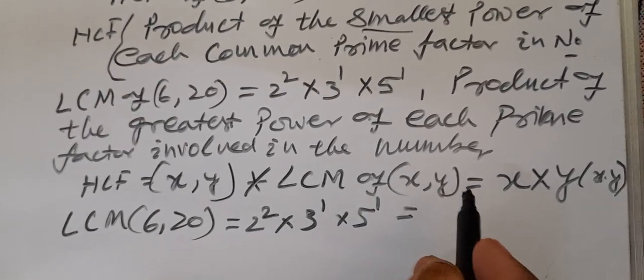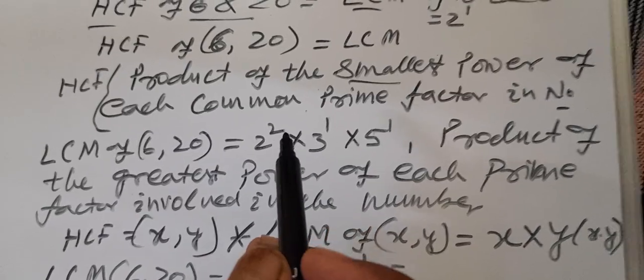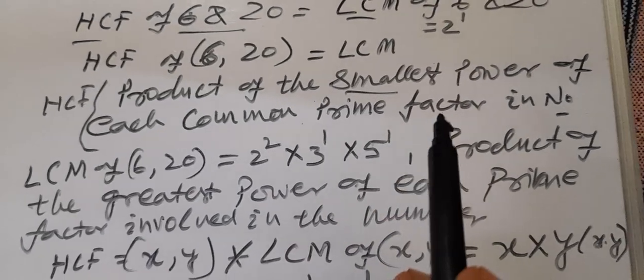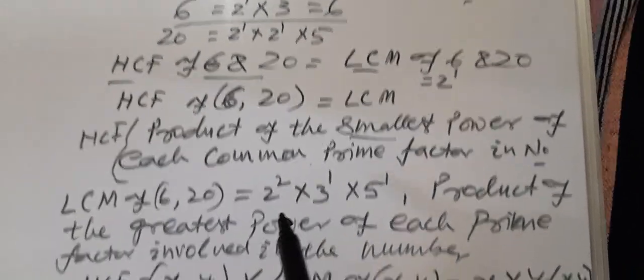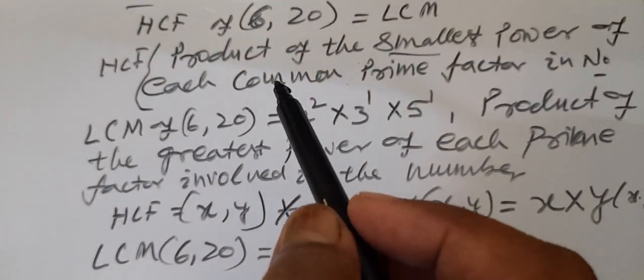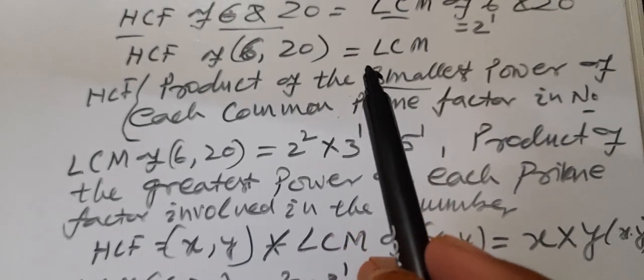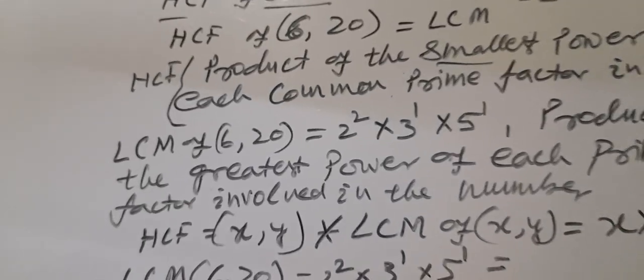The LCM is the product of the greatest power of each prime factor involved in the numbers. And the HCF is the product of the smallest power of each common prime factor in the numbers.